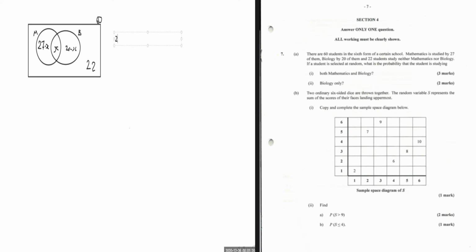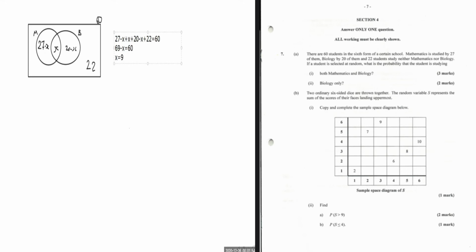Now we know that 27 minus X plus 20 minus X plus 22 is equal to 60. So 27 plus 20 is 47, and 47 plus 22 is 69. So 69 minus X is equal to 60, and so X equals 9.